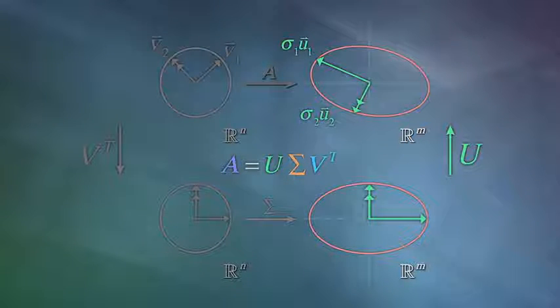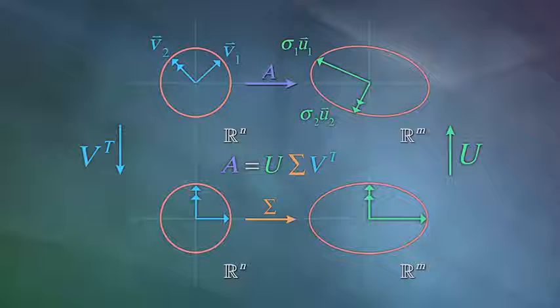And the matrix U does that. So that's the map going from the bottom right picture to the top right picture. So in the diagram, you see that performing the action of A on the top side of this diagram is the same as composing the 3 transformations along the sides and the bottom.